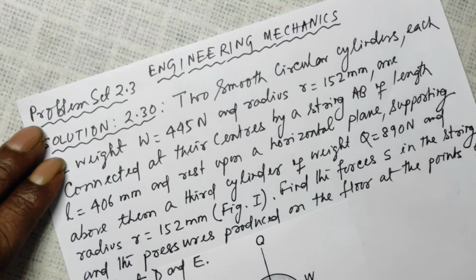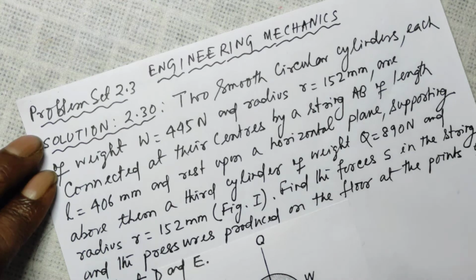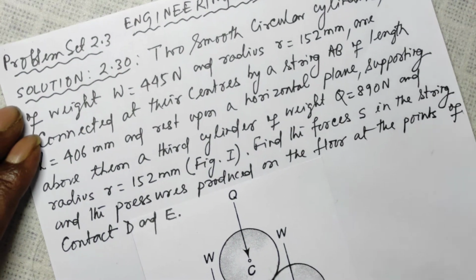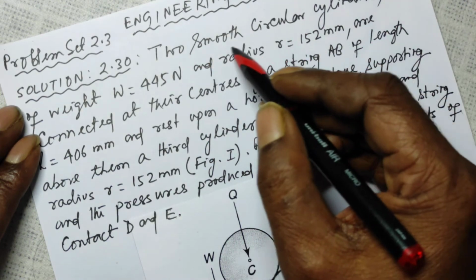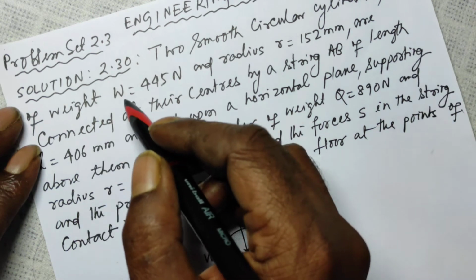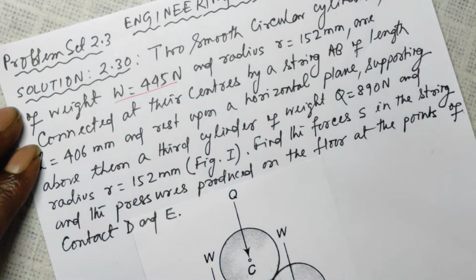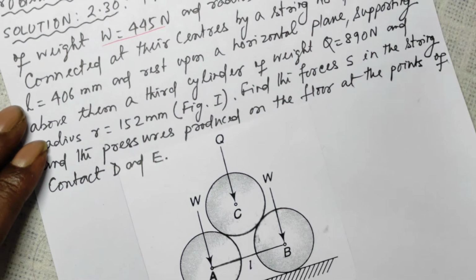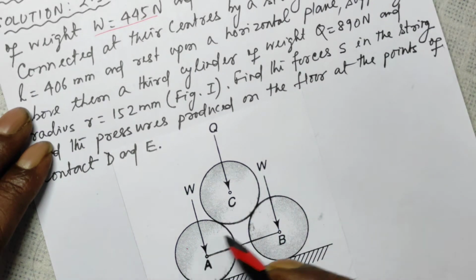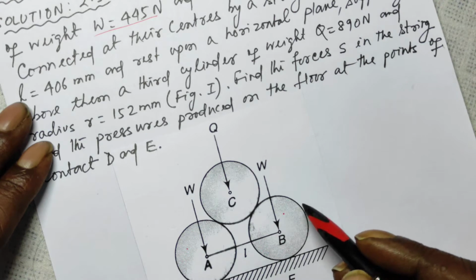Now problem set 2.3, solution to 2.30. And the statement of the problem: two smooth circular cylinders, each having weight 445 Newton. If you look at the figure, this one and this one have weight 445 Newton.